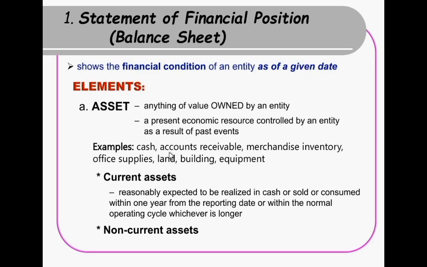While land, building, and equipment are without a doubt non-current assets because they are expected to be used for quite a long period of time, definitely longer than the normal operating cycle or 1 year.